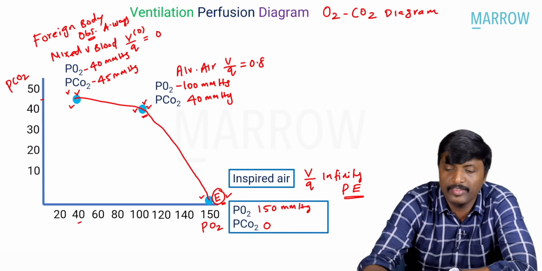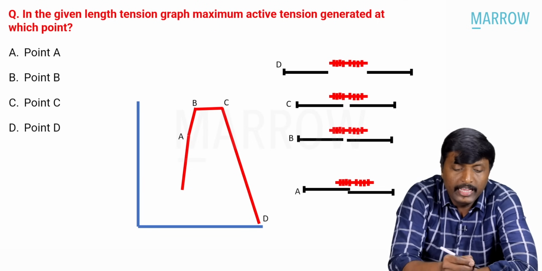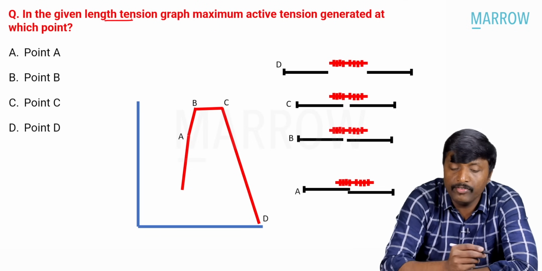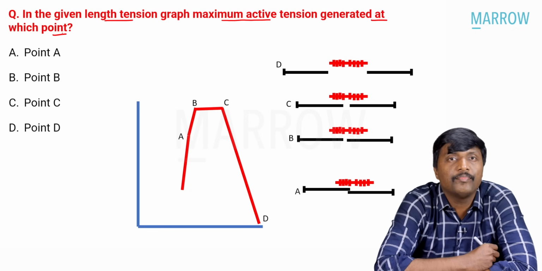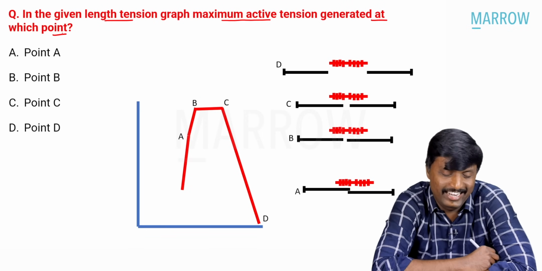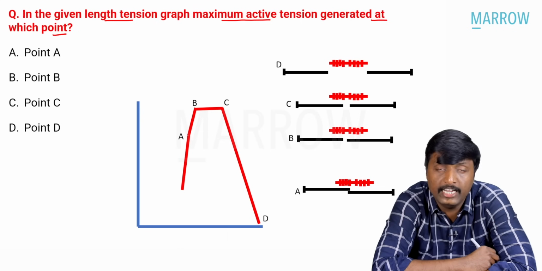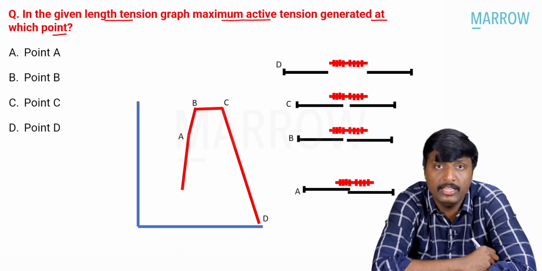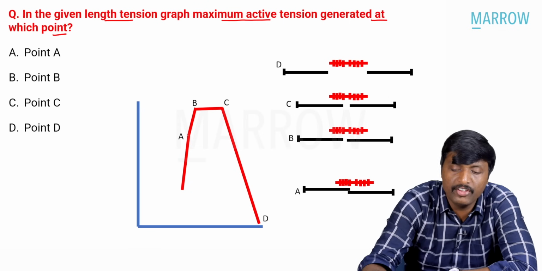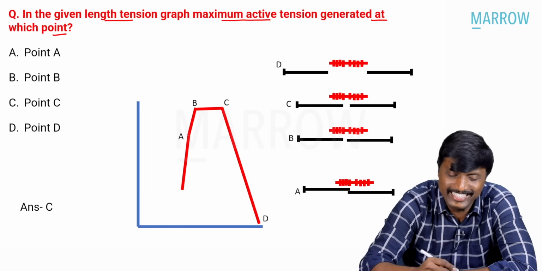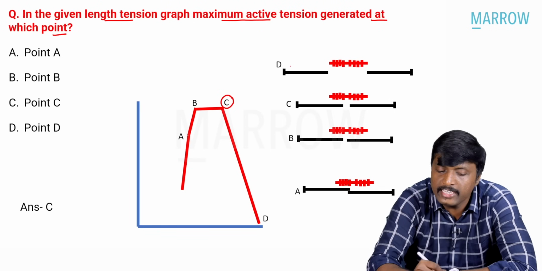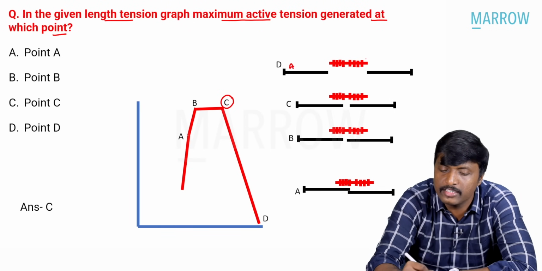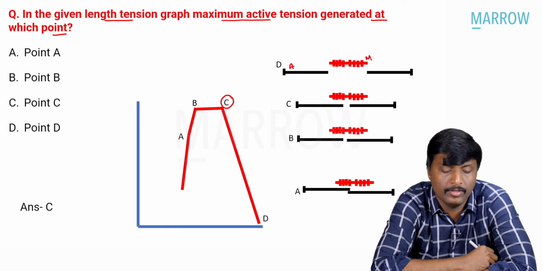Simple. Next question. In the given length tension graph, maximum active tension is generated at which point? Any guess? Any idea? A, B, C, D, four points are there. What should be the answer? It should be definitely point C. This point, point C. See guys, this is our actin, this is our myosin.